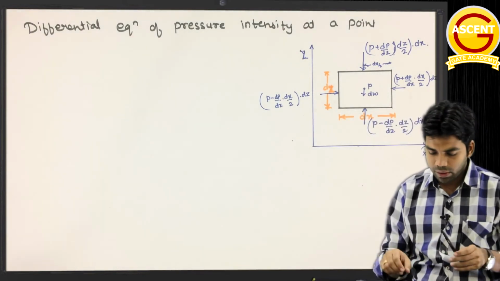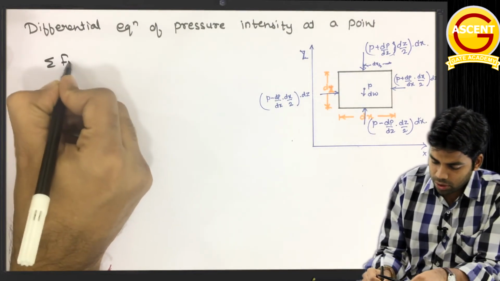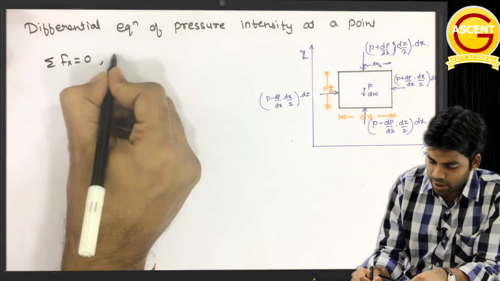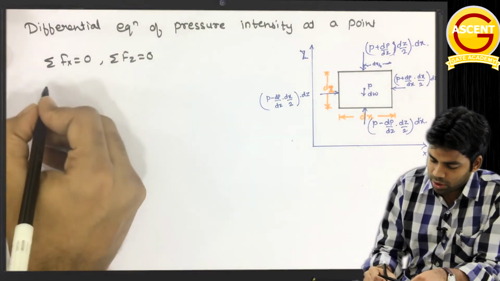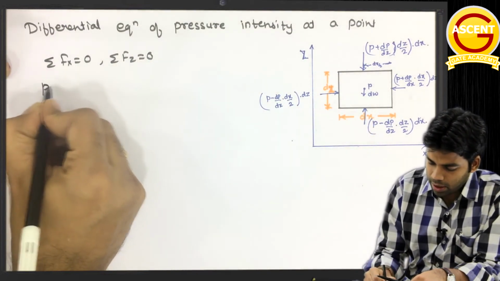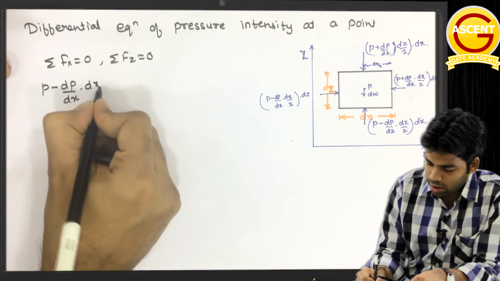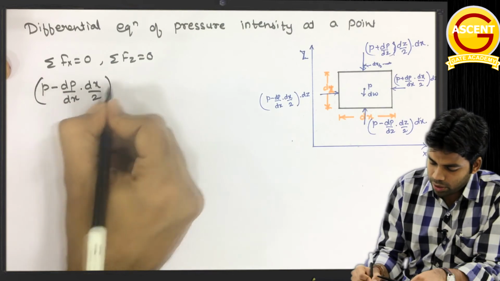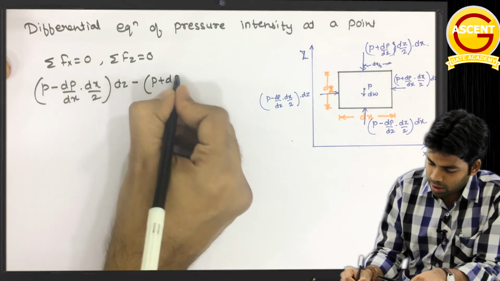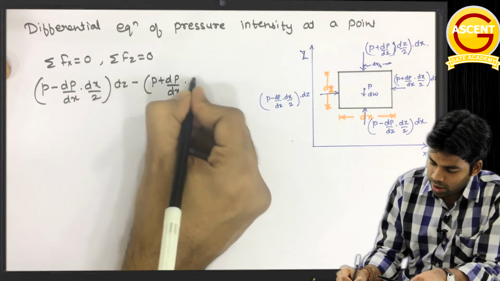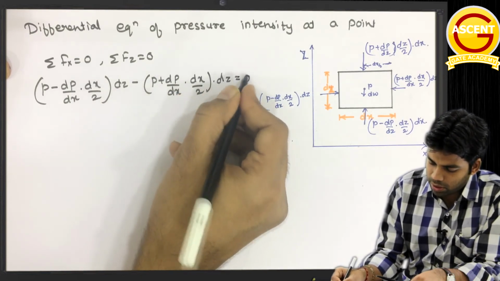Getting this? Okay, so this is how the pressure will be acting on this small fluid element. Now for equilibrium, summation of Fx should be equal to 0 and summation of Fz should be equal to 0. Okay, so putting summation of Fx equal to 0, this will be P minus dp by dx into dx by 2 into dz, minus P plus dp by dx into dx by 2 into dz, and this should be equal to 0.